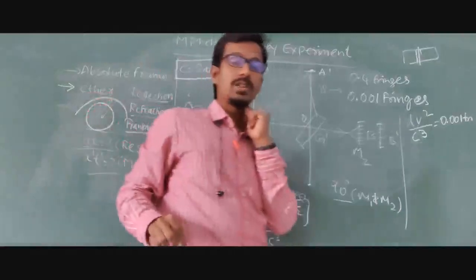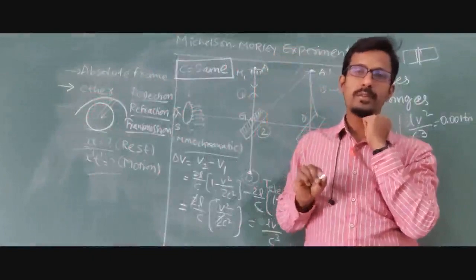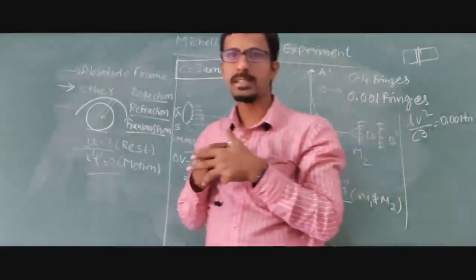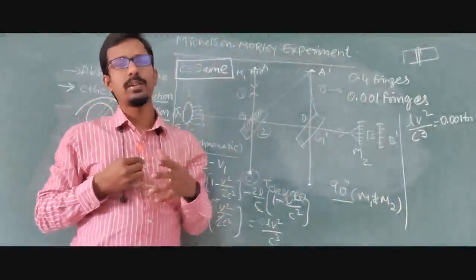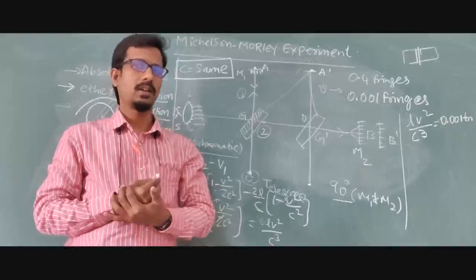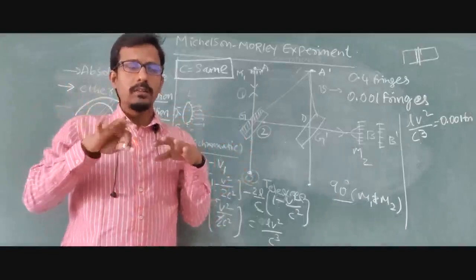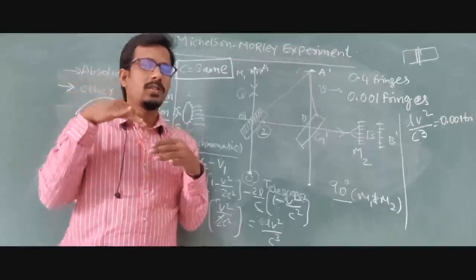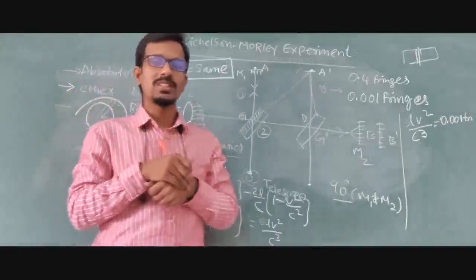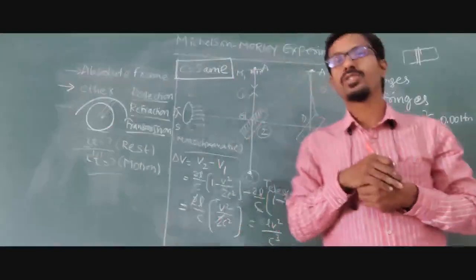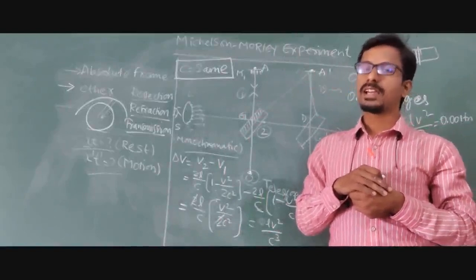C is nothing but the velocity of light, same for all frames of reference. Whatever frame of reference you take, whether accelerated or non-accelerated, inertial or non-inertial, it does not depend on any frame of reference. It has its own velocity, whether you are sitting on the light or not, it is always traveling. That is the characteristic feature of light. That is nothing but 3 into 10 power 8 meter per second.